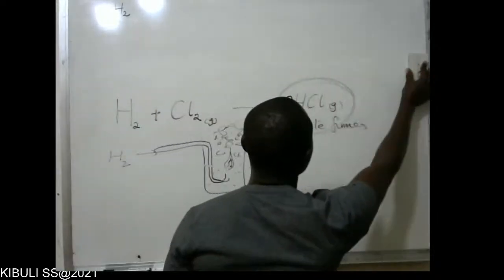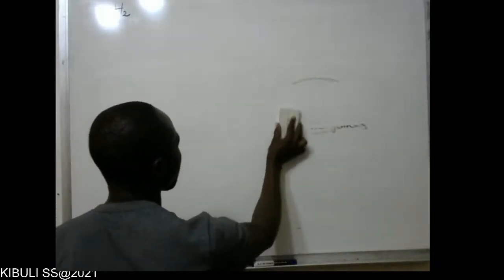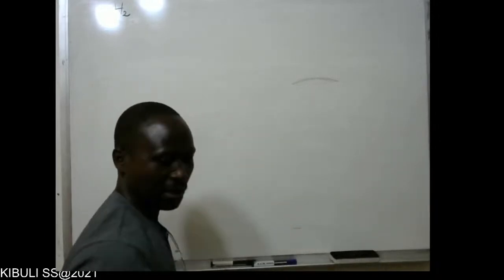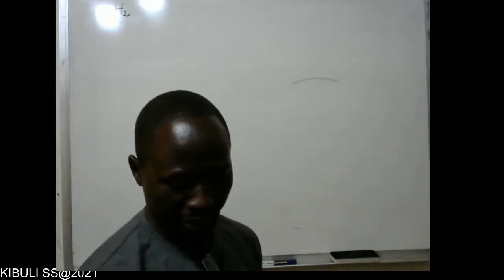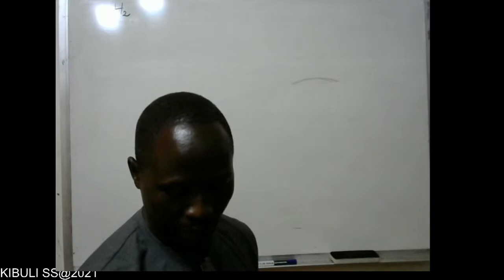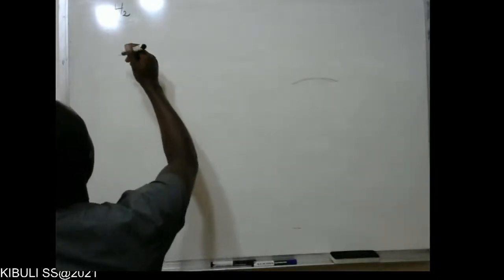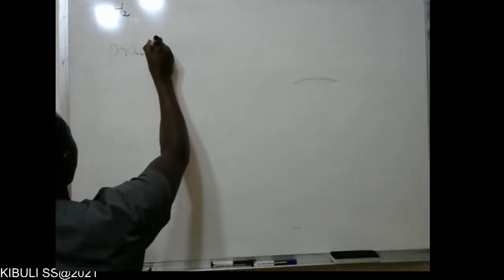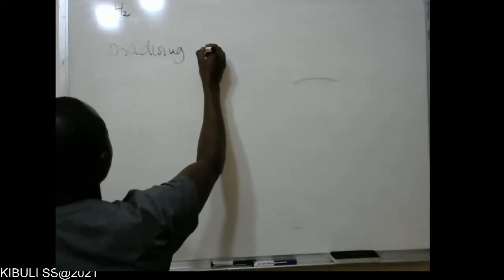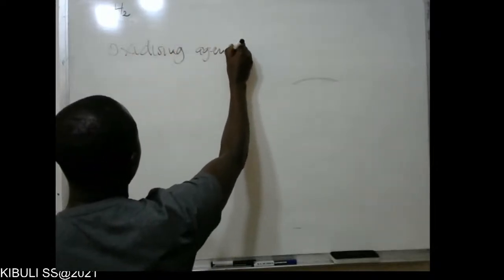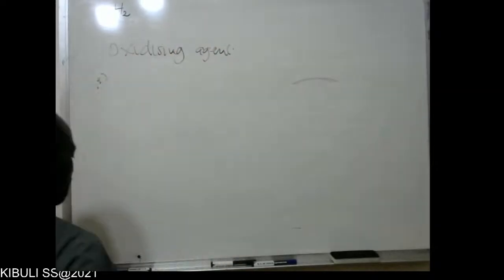The next property of hydrogen that I want us to look at, depending on how we arranged our work, if you have downloaded the work as requested, is hydrogen acting as a reducing agent. And there are so many things to look at here.